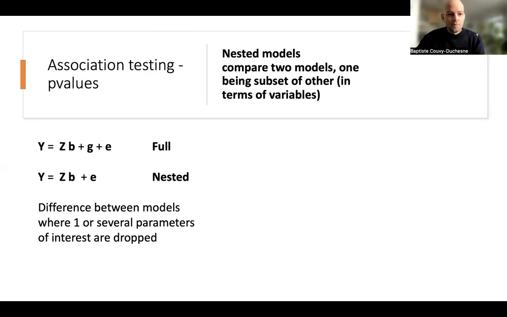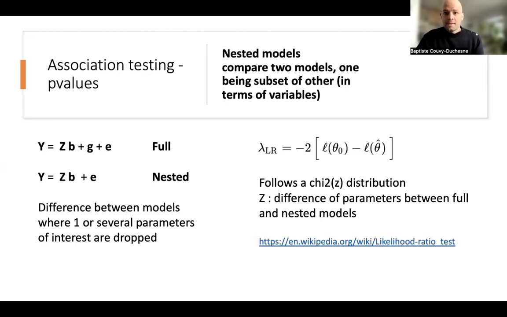So here's an example. We've got this full model, which is a linear mixed model with fixed and random effects. And then we drop the random effect G, and we end up with a nested model, which we can compare to the full one. The test statistic is a function of the log likelihood, L(theta), and that follows a chi-square distribution with Z degrees of freedom, Z being the difference in parameters between full and nested model.